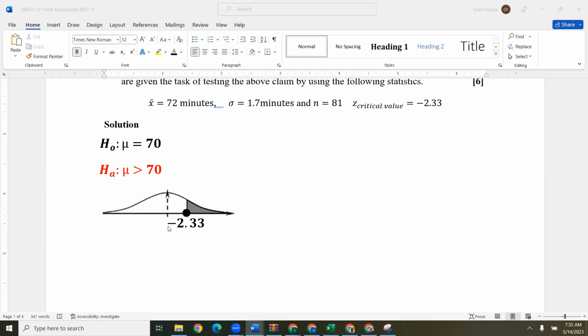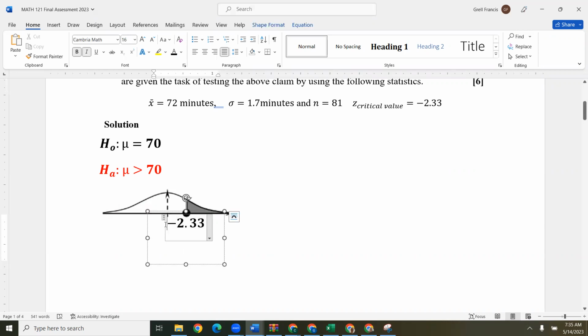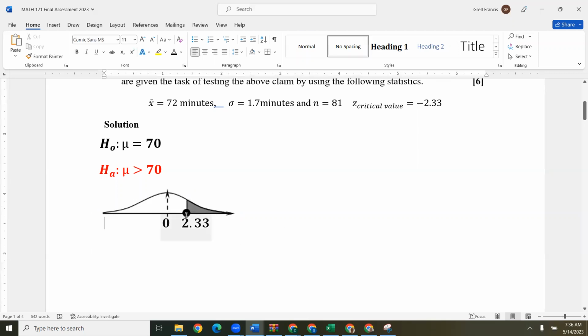But because we are on the right side of 0, in the middle here we've got 0, we've got to drop the negative sign. So our critical value is 2.33, because any number on the number line on the right side of 0 has to be positive. So here we have steps number 4, 5, and 6: the curve, the critical region on the right, and the critical value on the critical point.